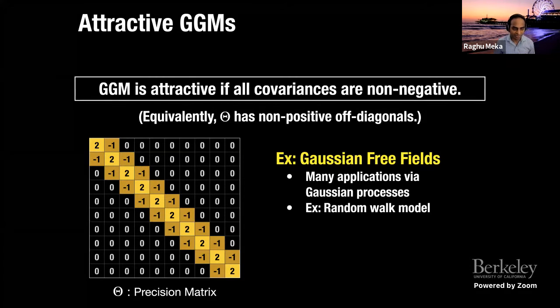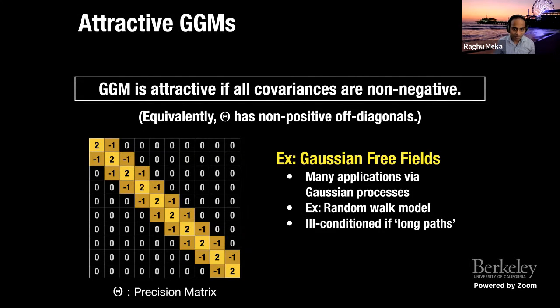The off-diagonal entries were just -1 or 0, so it's attractive. And even for attractive GGMs, your models can be ill-conditioned if you have long paths. As I said, any time your graph has a path embedded in it somewhere, or something that looks like a path embedded in it somewhere, you get an ill-conditioned model.